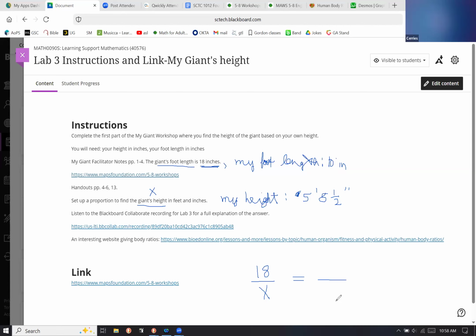Okay, we already put in the X because we don't know the giant's height. So we have 18 inches foot length to X height.